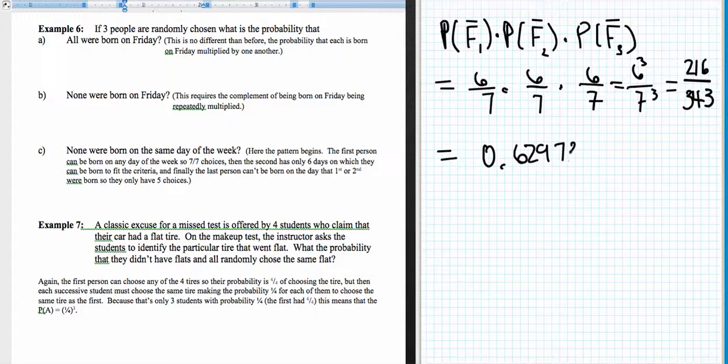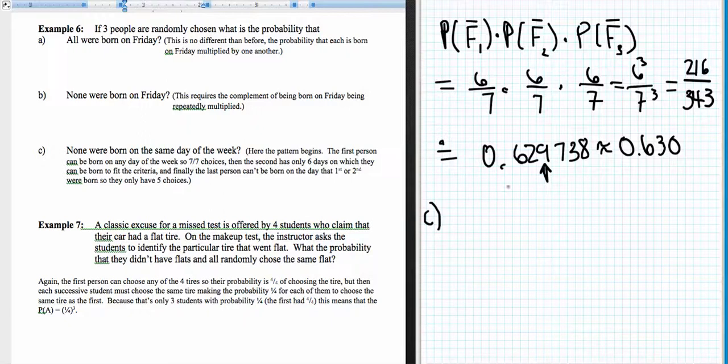I want to take it out to approximately there because this is where we need to round it, but you see it's going to need to round up this time. So 0.630 is the probability that we're looking for.